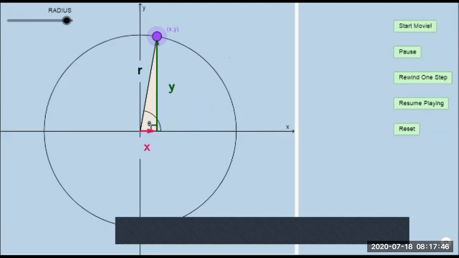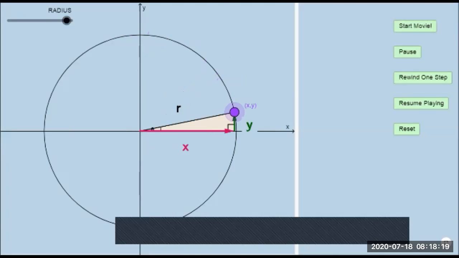And interestingly, as my theta tends to be close to 90 degree, my opposite side tries to become equal to the radius of the circle. Here you see, now the theta is 90 degree, my perpendicular or my opposite side to theta is equal to radius. Now students, the radius of the circle is always remaining constant irrespective of the angle theta.